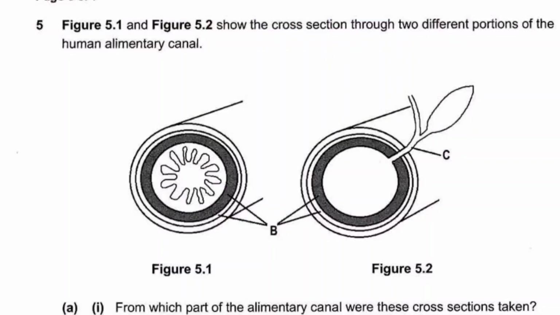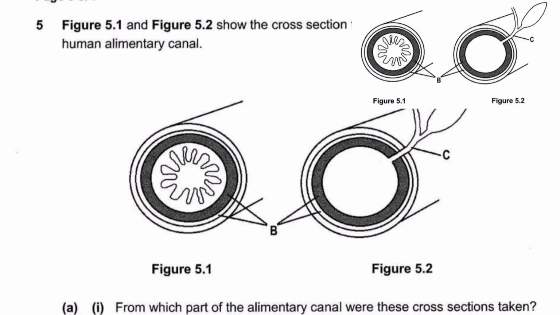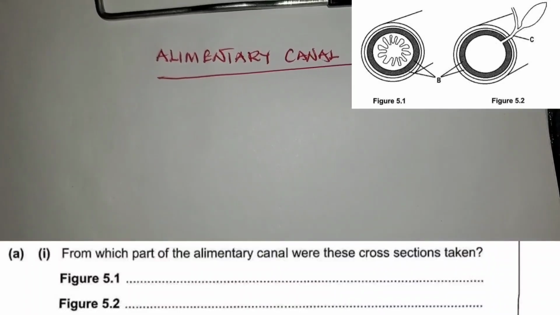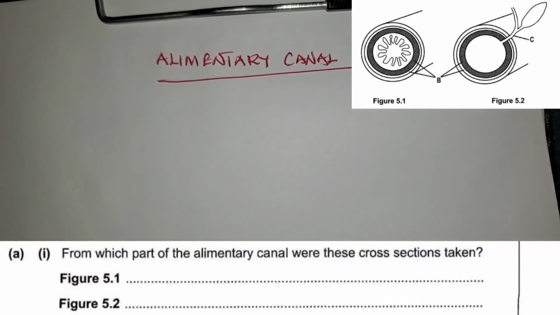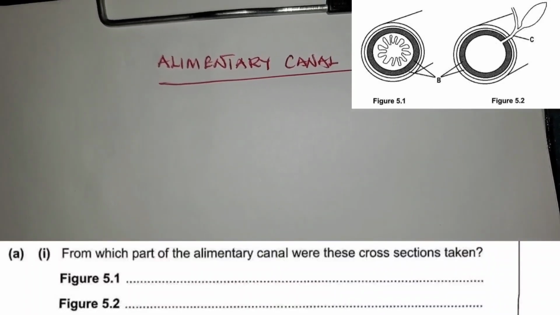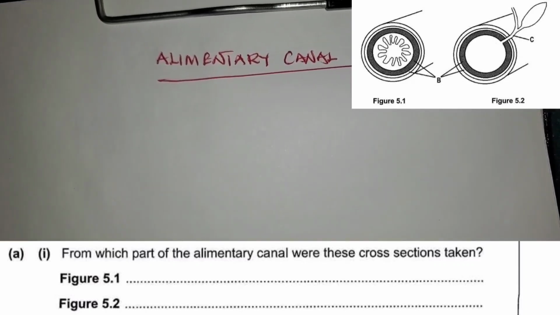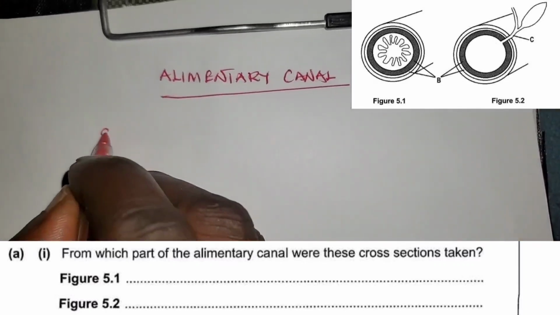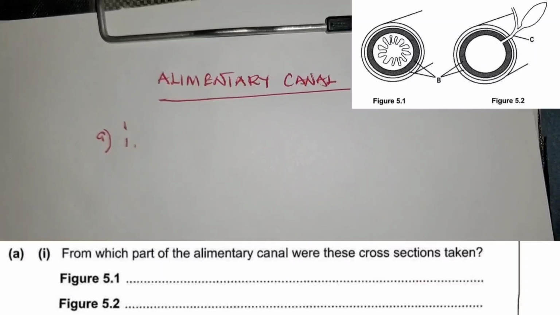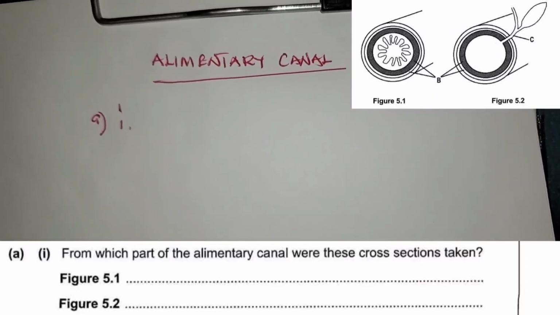Guys, we are presented with this question and we have figure 5.1 and 5.2. So they're saying figure 5.1 and 5.2 show the cross section through two different portions of the alimentary canal. Question A1.